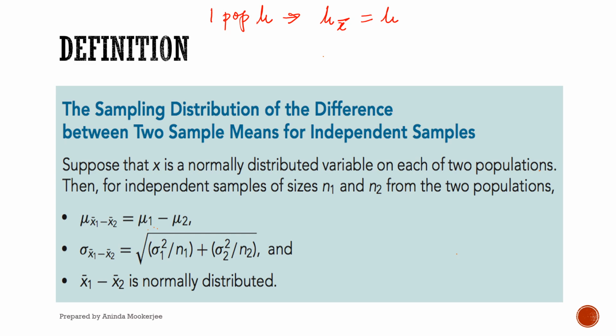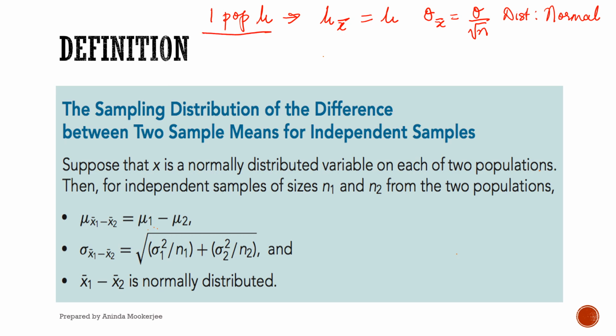That is for a single population. The standard deviation of all sample means was given by the formula sigma divided by square root of n, and we said the distribution was normal. But that was for one population.